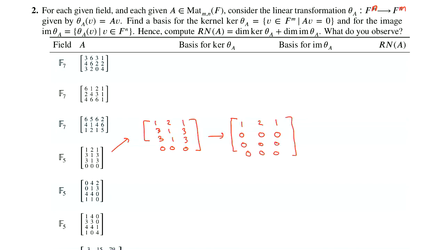I've got my row echelon form here. You know, the sort of step pattern, but it just does one thing. The column with the leading one, there's only one of them here. And so I take the corresponding column over in the original matrix. This forms a basis for the image.